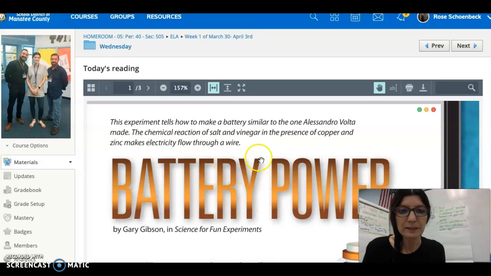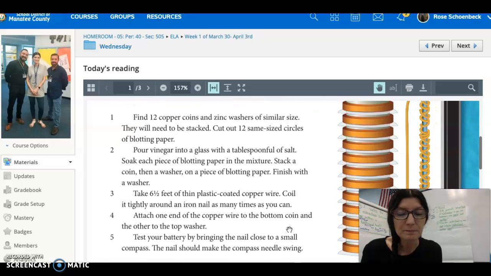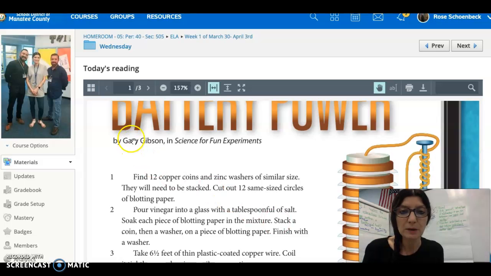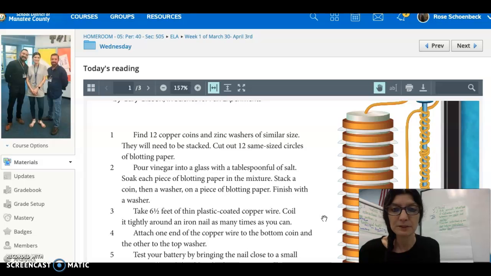When we start at the beginning, this experiment tells how to make a battery similar to one Alessandro Volta made. This chemical reaction of salt and vinegar and the presence of copper and zinc make electricity flow through a wire. By Gail Gibson and Fun Science Experiments. All right, so when you're by yourself, you're going to be underlining the title, remember, and circling the numbers of the paragraphs.